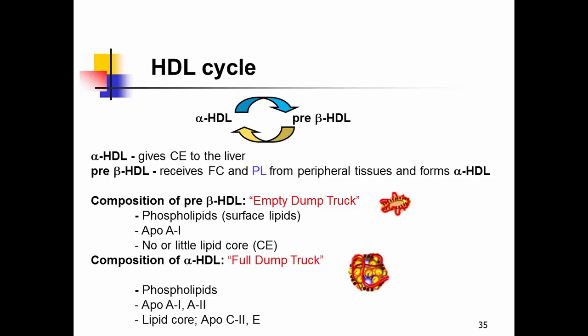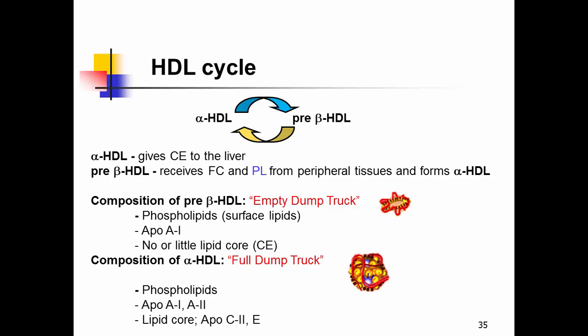Let me give you an example here. Alpha HDL is called a full dump truck, right? You can consider HDL as a truck that picks up unnecessary cholesterol from the peripheral tissue and transports it to the liver.